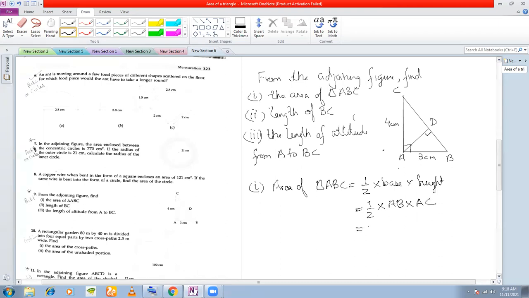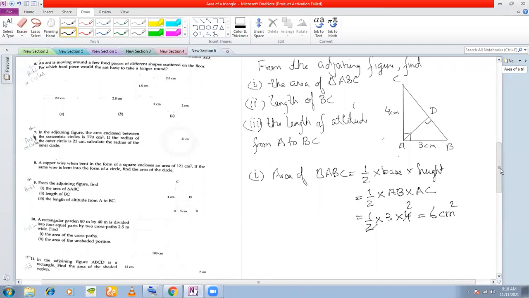Okay, which is equal to half. Now write the length here. AB is 3 centimeter and AC is 4 centimeter. So you have 6 centimeter square. Okay. Area of triangle ABC is 6 centimeter square.